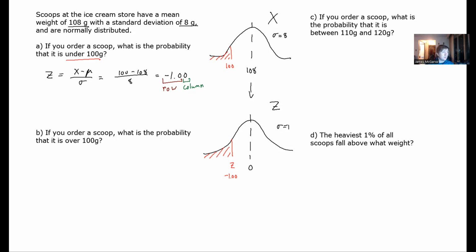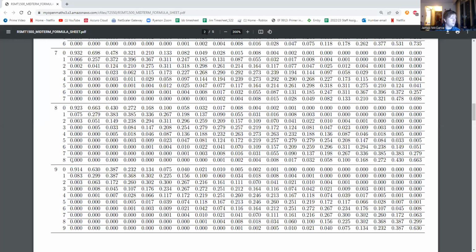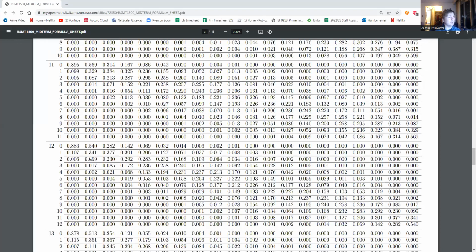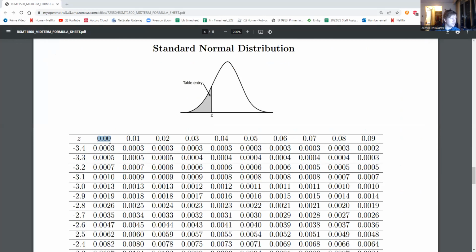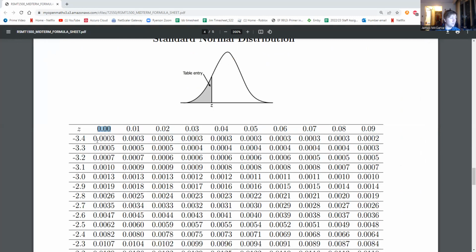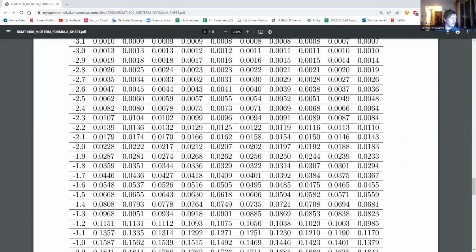Right, so let's quickly flip over to the table now. So on this table, I'm going to pass all the binomial stuff. Here we are, standard normal distribution. Right, so the column is 0.00. We're in this first column here. The row is negative 1.0, so I scroll down until I get there.